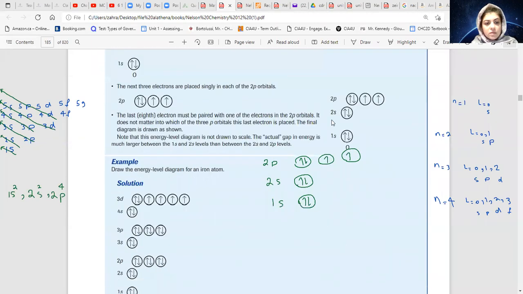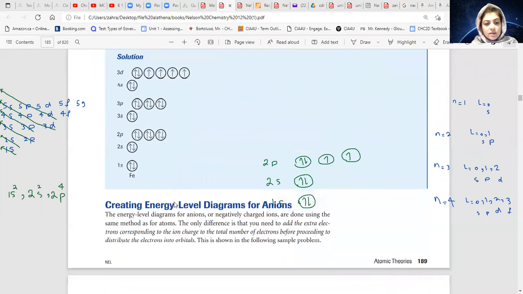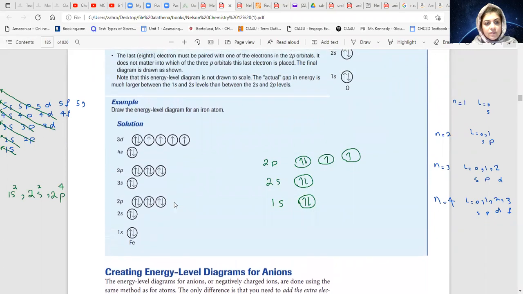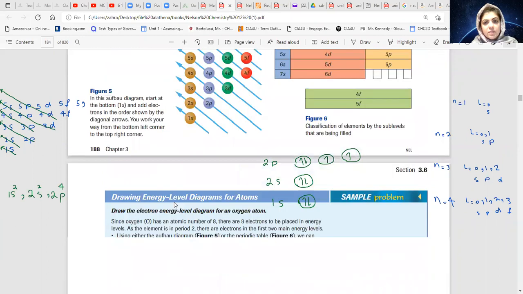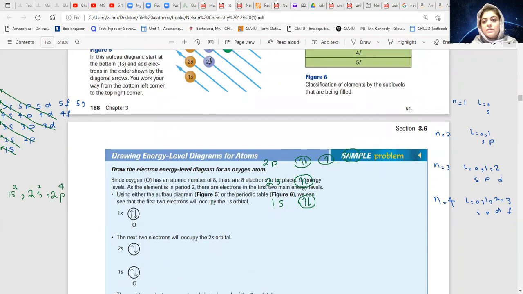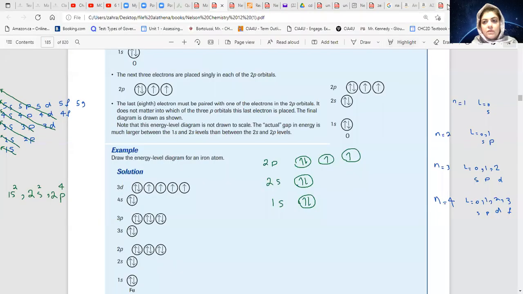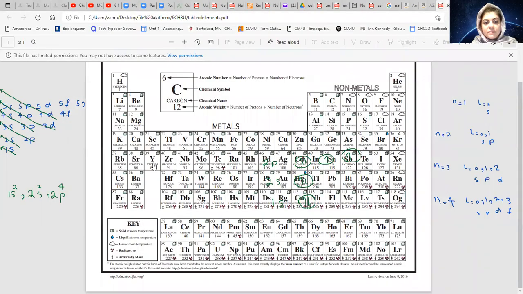All right, so here is the iron atom. The iron atom, how many electrons does it have? I can go look at the periodic table quickly for this. Go to the periodic table, I'll see that iron, Fe, has 26 electrons.